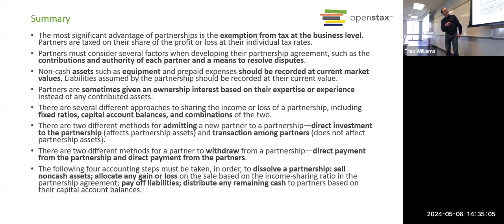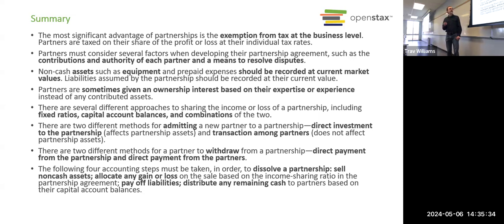So when partners contribute assets, they contribute those assets at market value, not book value. Sometimes partners are given ownership based on their expertise or experience. So there might be a partner that doesn't have to pay anything to become a partner, or maybe they even get a bonus to become a partner because of what they can bring to the partnership.